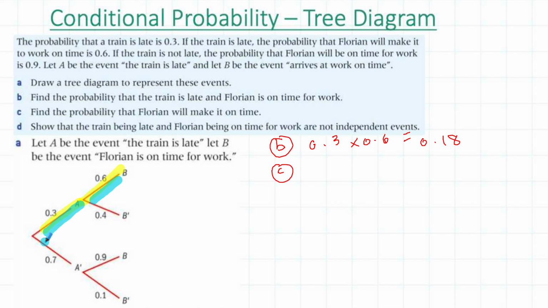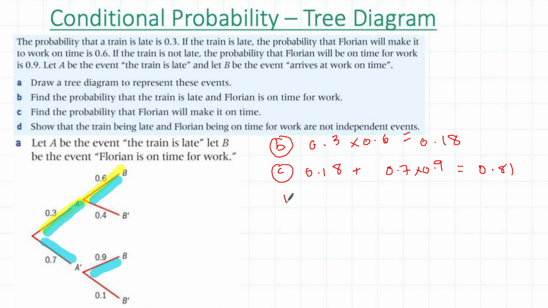And then the train is on time and Florian is on time. So I'm looking at two options. Either 0.18 plus the other option, which is 0.7 times 0.9, and altogether that will give me 0.81.